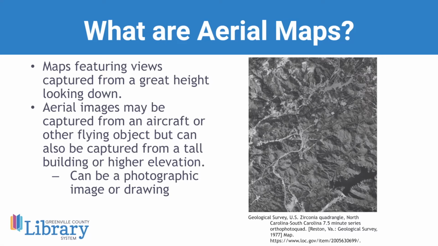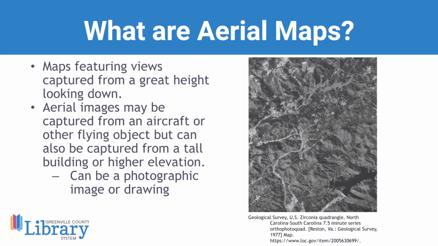And sometimes even a person, if they're at a high enough elevation and can get a good shot looking down. Sometimes people do refer to it as a bird's eye view, but you really are just looking straight down at the land, and they're very neat as well. And we'll go through some examples of what you can find online. We actually have a pretty large collection of aerial maps in the South Carolina room.